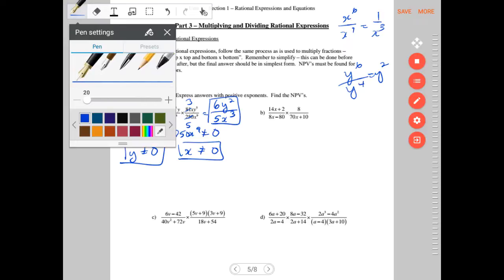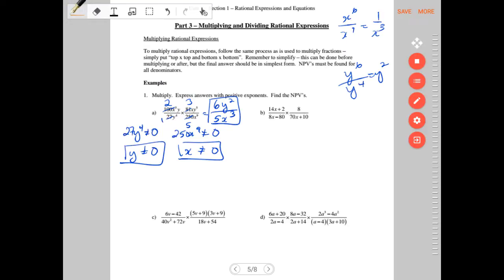Let's do the next question in a different color. In this example, I'm going to factor. I can factor the numerator. I can take a 2 out, so I would be left with 7x plus 1 times 8 over. I can factor an 8 out and be left with x minus 10.